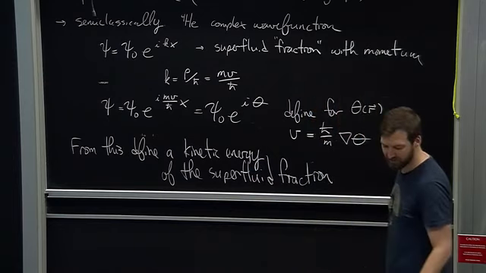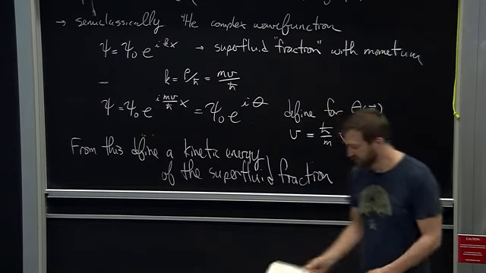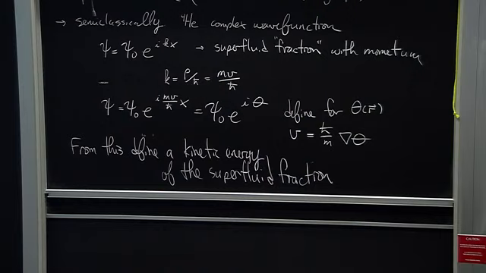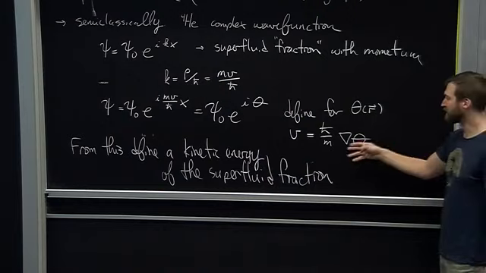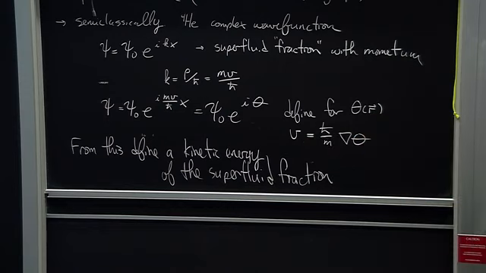So kinetic energy, 1/2 m v squared, but we need to allow for positional dependence of this velocity, essentially. So we're going to write it as an integral. So that's the kinetic energy.